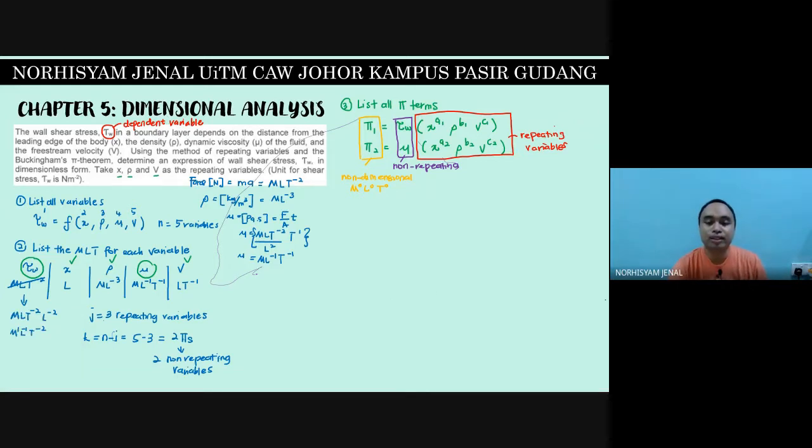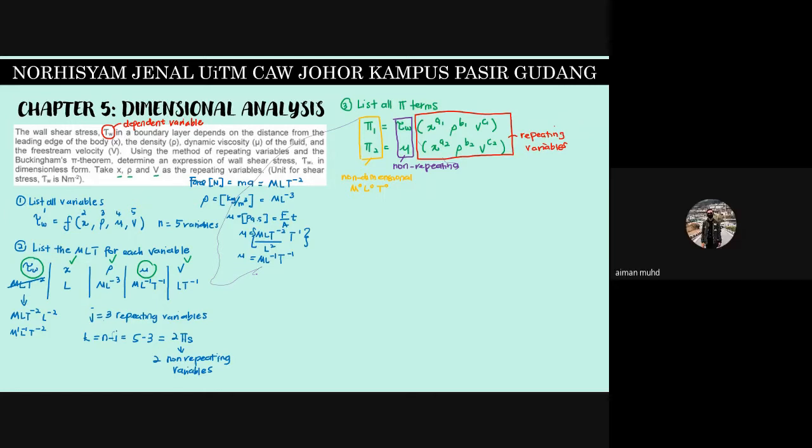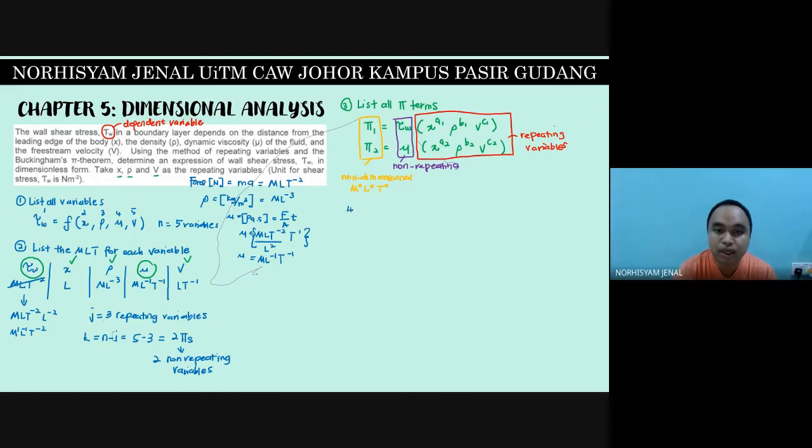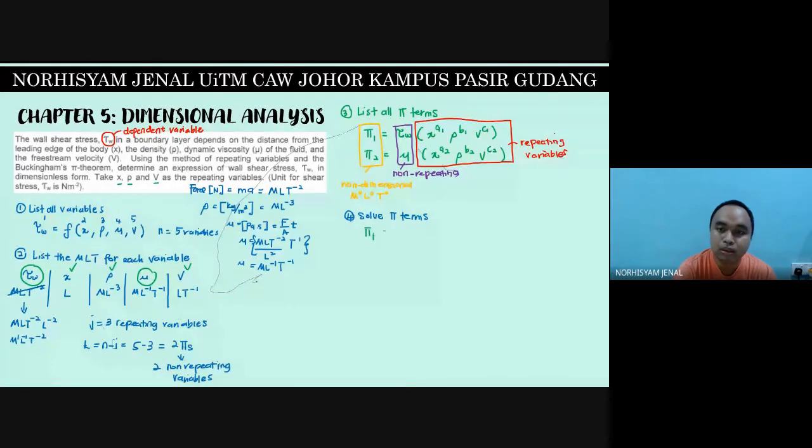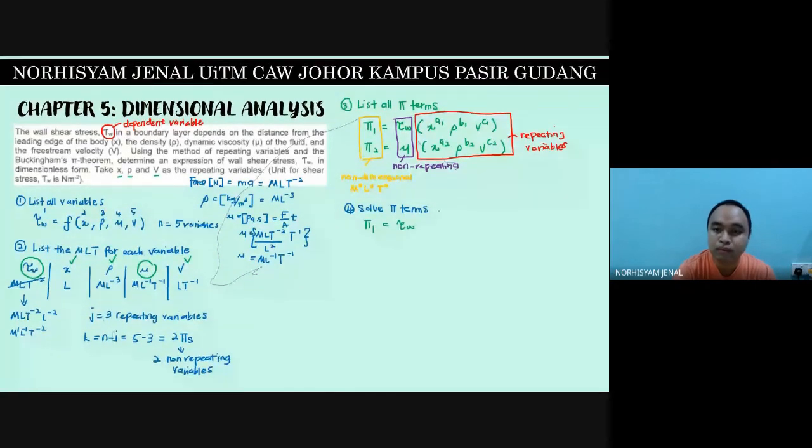Okay. So once you get this ready, we can solve this question by solving the pi terms. So I solve it one by one. I'm using different color so that I'm not confused. So here we have pi1 is equal to tau, x^a1, rho^b1, v^c1.